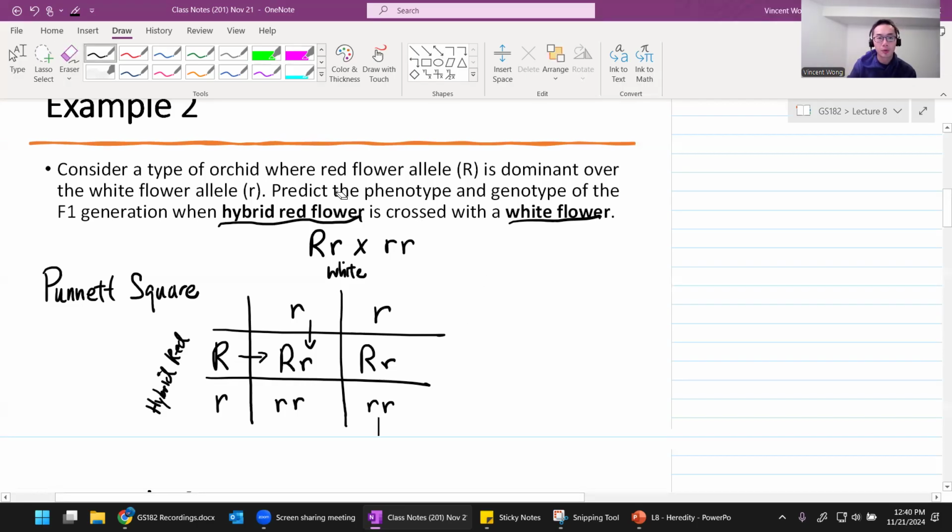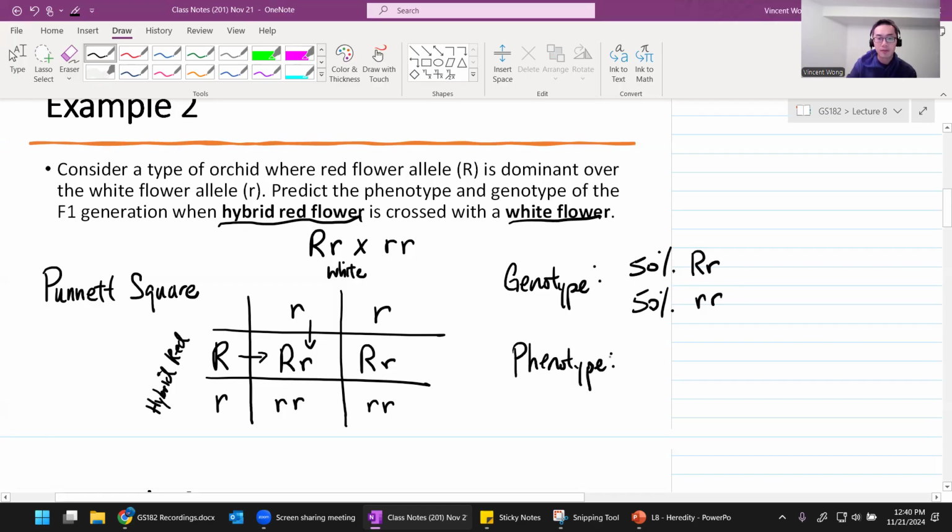Okay, so the question asks us to predict the phenotype and genotype. So let's start with the genotype. Genotype would be 50% big R, small r. 2 out of 4, that's 50%. Another 50%, small r, small r.